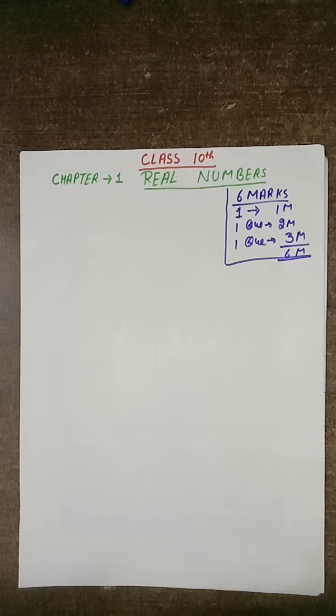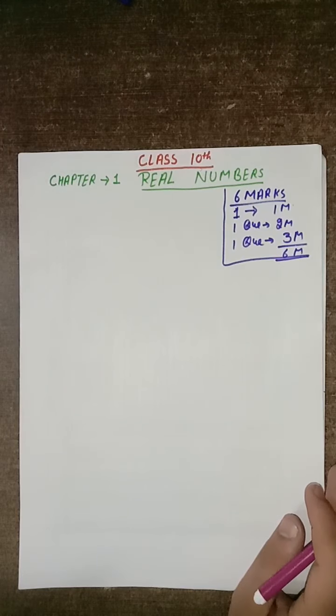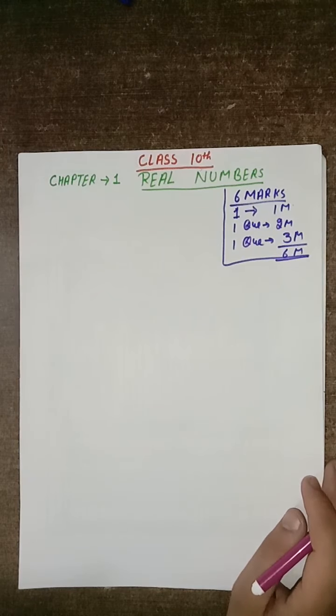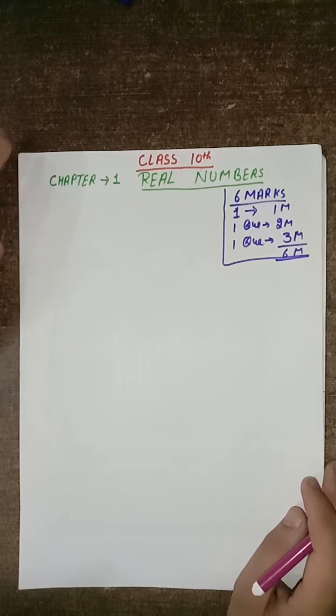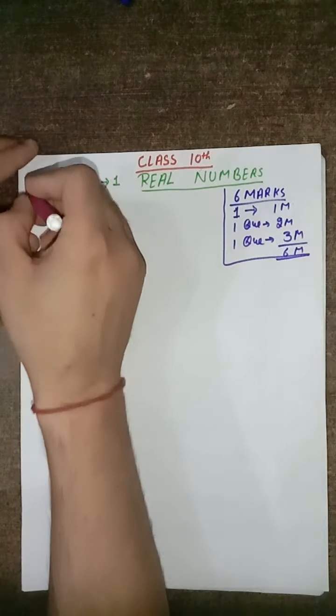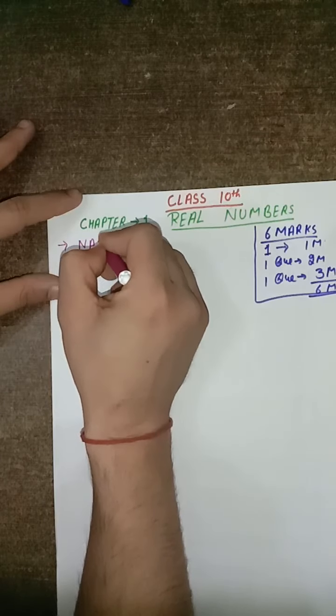Before we move on, first let's discuss the numbers which we have already discussed in chapter 2, that is polynomials, and which you learned about in class 9. So our first number is the natural number.